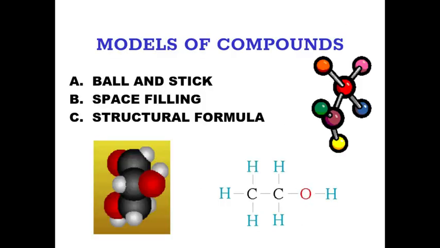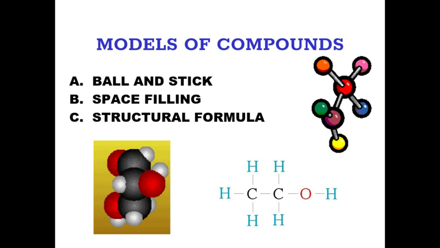So then we get to the different models. There's really three different models that I talk about. A being the ball and stick model, which you can see to the right-hand side there. Okay, there is also a space filling, B, which looks straight down. The space filling one literally fills up all the space, kind of looks like a caterpillar. And then you get the structural formula, which is C. That's my favorite one.